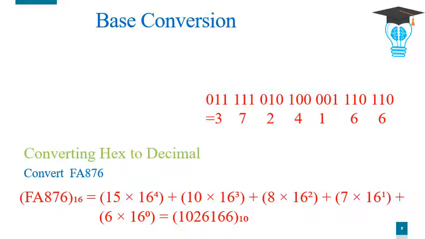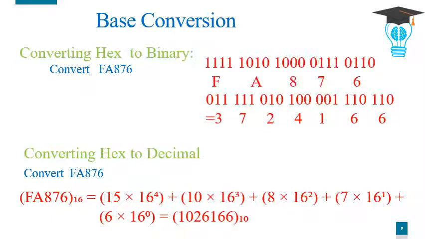Last part in the base conversion of hex to rest all number system. Here we had given a hex number as an example, FA876. A represents decimal 10 and F represents decimal 15.